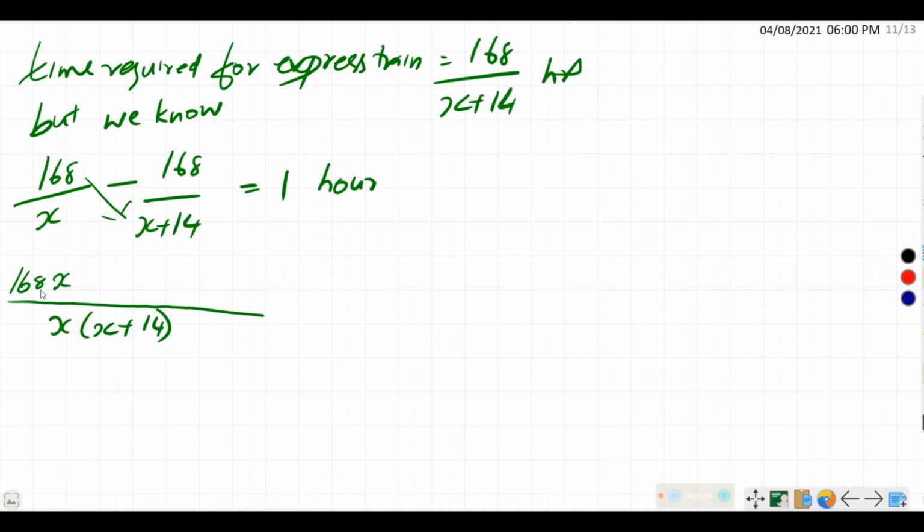We will not be multiplying 168 with 14 now. Better to simply write it as 168x plus 168 into 14. We'll solve it later. Then minus 168x, so that will get cancelled also, is equal to 1.